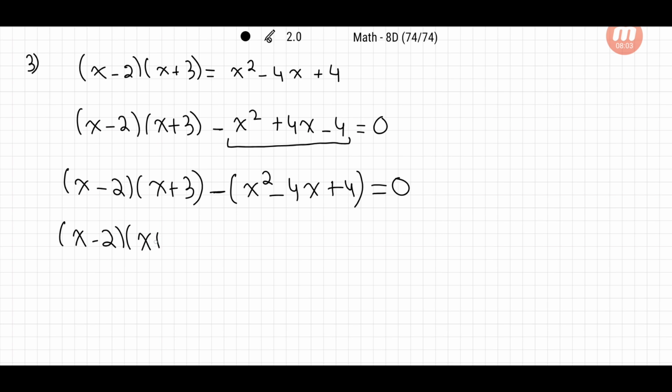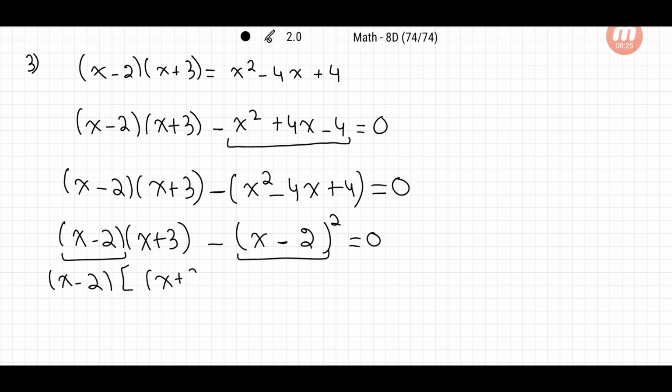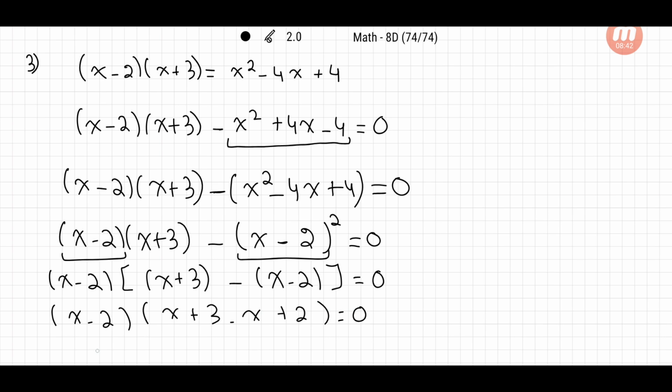(x minus 2)(x plus 3) minus, this is a perfect square, so I take the radical of the first term, the radical of the third term, and I take the sign of the second term, which is minus, and I square it, equal 0. Now I take a common factor, x minus 2. I'm left with (x plus 3) minus (x minus 2), since (x minus 2) squared divided by (x minus 2) is (x minus 2). So (x minus 2)(x plus 3 minus x plus 2) equals 0.